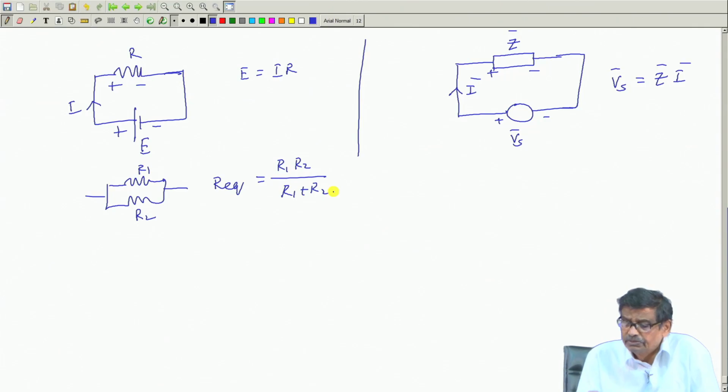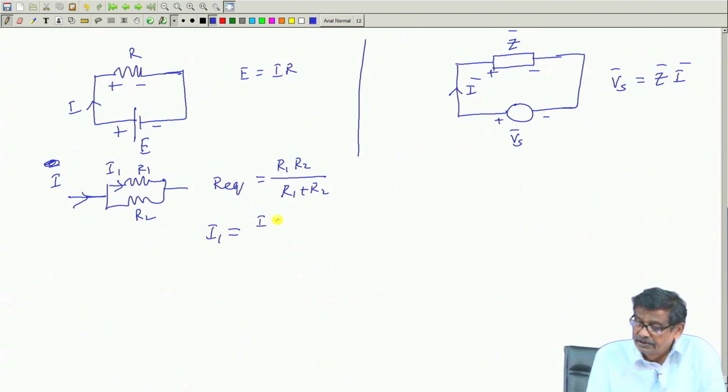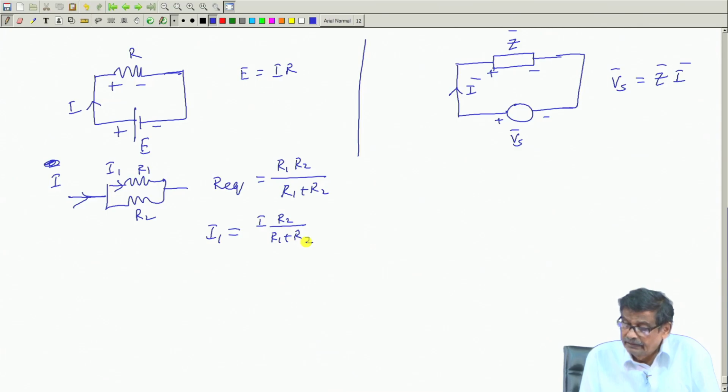How did I derive this? Based on this only, wrote some KVL, KCL equations here, got this current. For example, if the total current is I, what is the current in I1? Current in I1 will be I into R2 by R1 plus R2. All these things happened because E equal to IR.